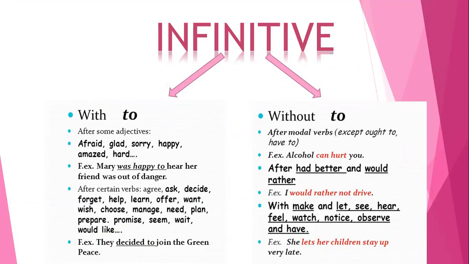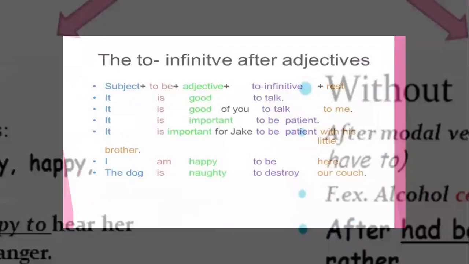And when we use infinitive without to, we use it after modal verbs, after had better, would rather, and after some definite verbs: make, let, see, hear, feel, watch, notice, observe, and have. For example, I'd rather not drive, or she lets her children stay up very late.